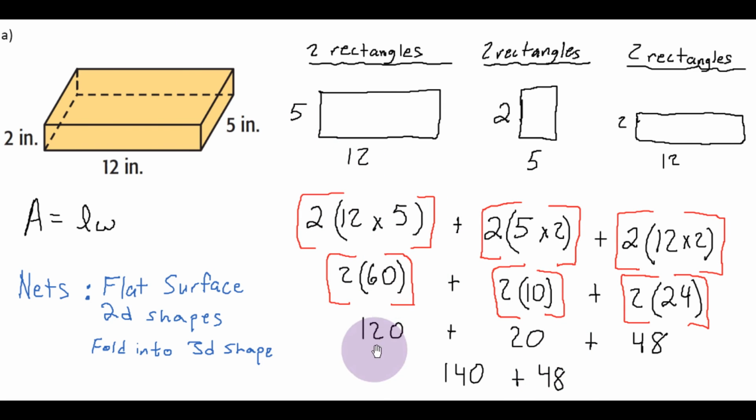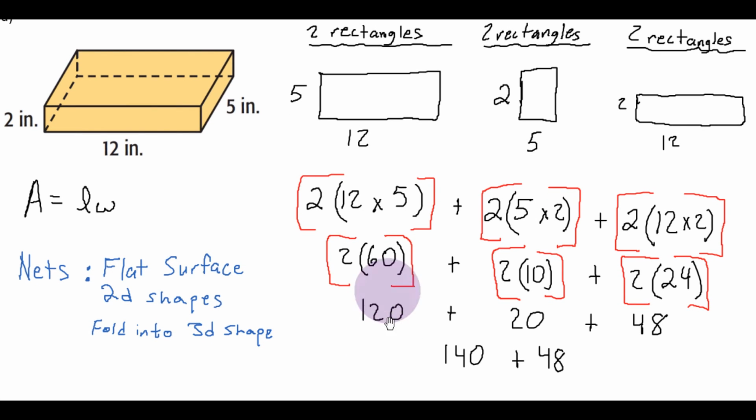Let's get just a little bit more room on the screen. Now 140 plus 48 will give us a value of 188. Now I'm not done. If I want full credit, I need to make note that I've found the surface area. So rather than writing a capital A here, I'm going to write capital S is equal to. I want to fix that S real quick.